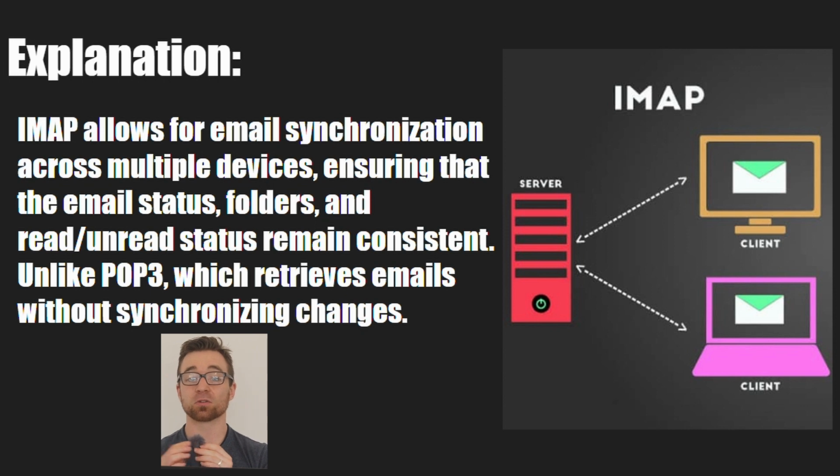IMAP synchronizes across every single device, while POP3 doesn't. With POP3, your emails might look different on your laptop than they do on your phone because you don't have it synchronized, right? So if you want it synchronized, you want IMAP. So in terms of retrieving emails, IMAP synchronizes, POP3 does not synchronize.